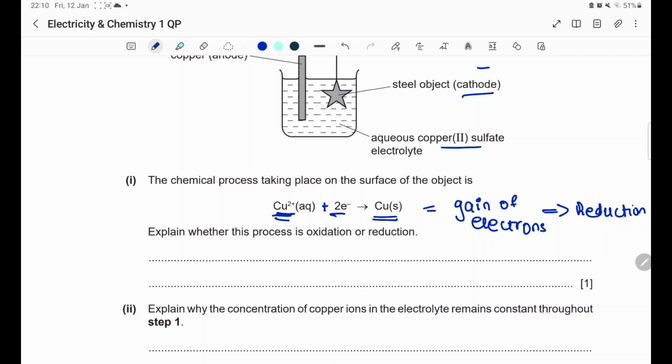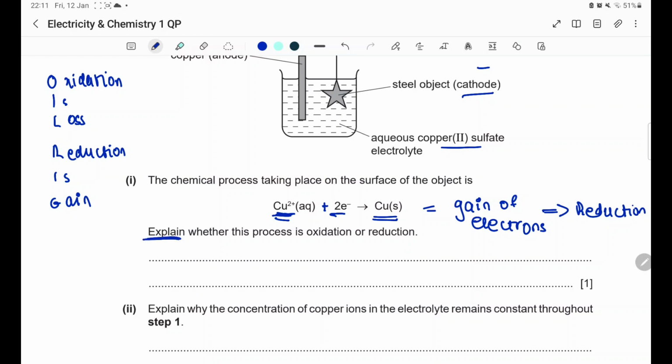For anyone who doesn't remember or has trouble remembering, you can remember the acronym OIL RIG, and that's oxidation is loss of electrons, and reduction is gain of electrons. So explain whether this process is oxidation or reduction.